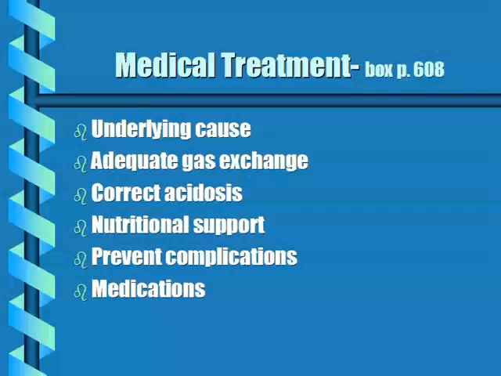Some of the medications that are used: bronchodilators, your beta agonists, and your anticholinergics, aid in smooth muscle relaxation. Your neuromuscular blockade, analgesics and sedation decrease the work of breathing. Your steroids decrease inflammation and enhance your beta-2 agonists.